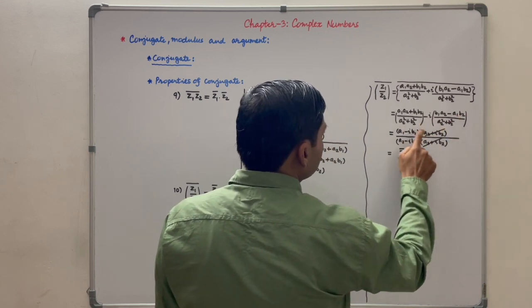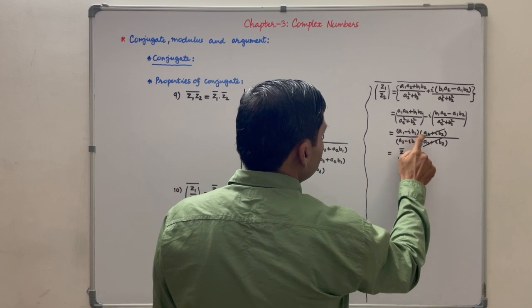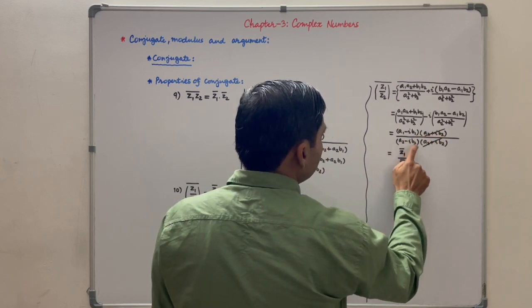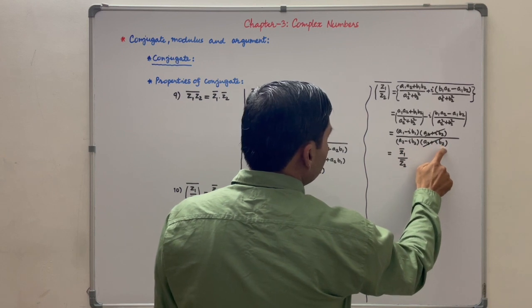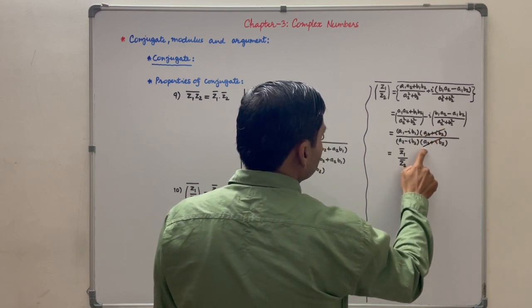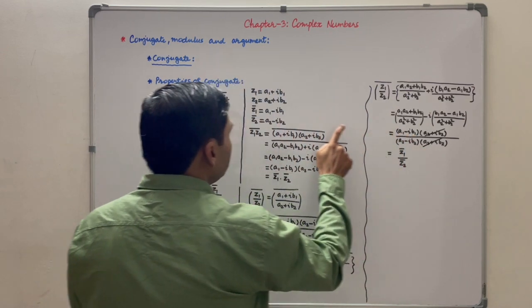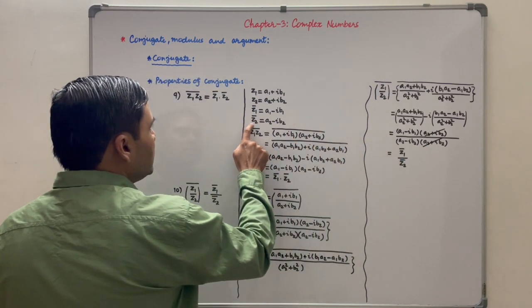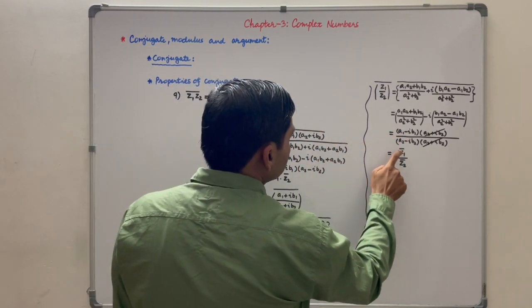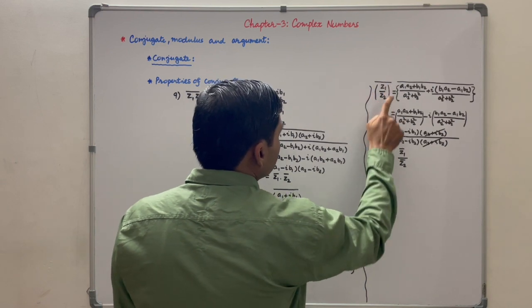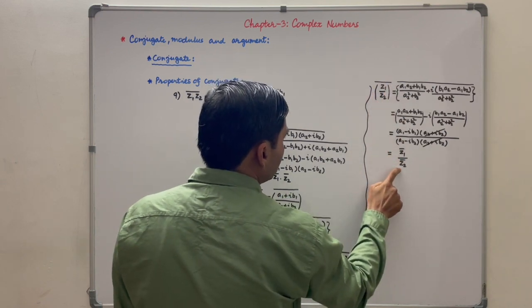This can be rewritten as (a1 minus ib1) into (a2 plus ib2) upon (a2 minus ib2) into (a2 plus ib2). a2 plus ib2 in numerator and denominator will get cancelled. And a1 minus ib1 is equal to z1 bar and a2 minus ib2 is z2 bar. So this becomes z1 bar upon z2 bar. So (z1 upon z2) whole bar is equal to z1 bar upon z2 bar.